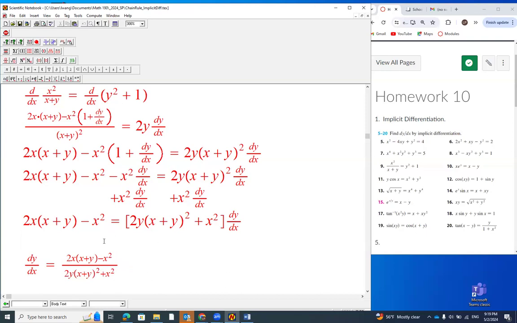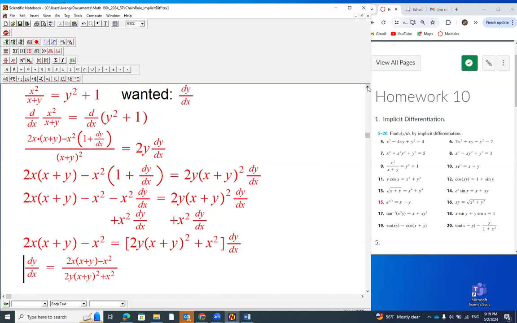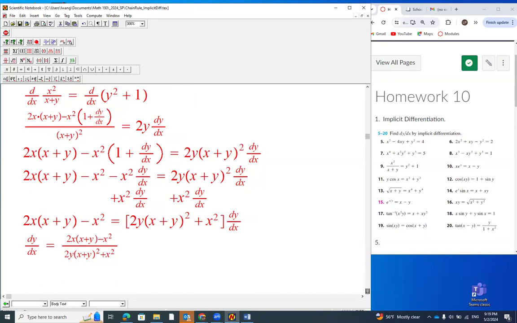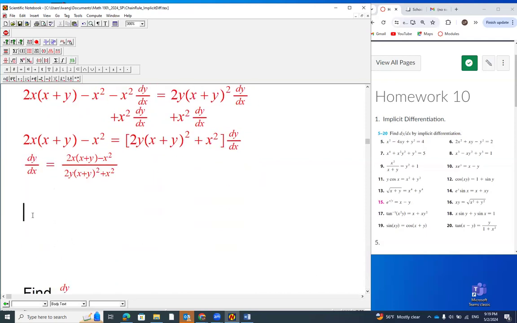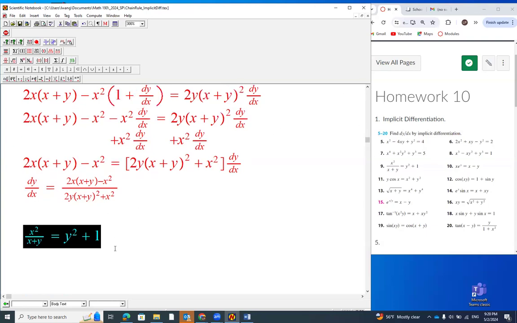And now, I think we're done to a certain degree. If you want to see if there's a possibility for a simpler expression, you may want to bring back up the original equation. The original equation, this is actually a good opportunity to practice with algebra.